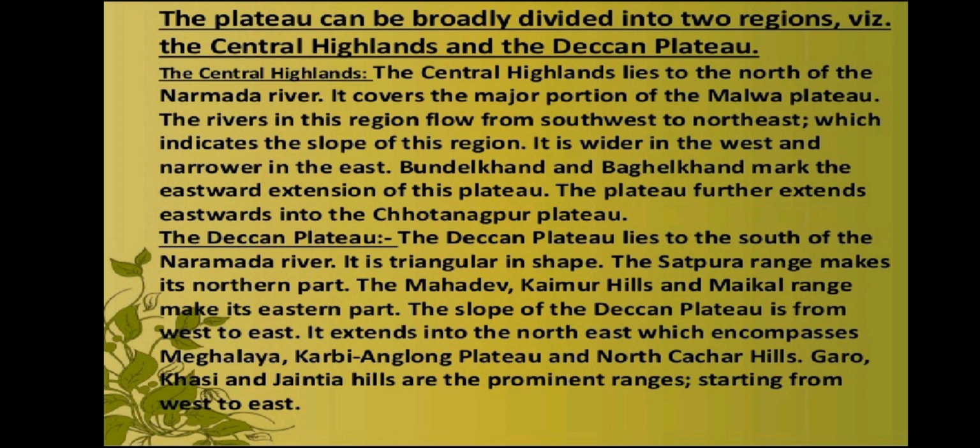The slope of Deccan Plateau is from west to east. It extends into the northeast, which encompasses Meghalaya, Karbi Anglong Plateau and North Cachar Hills. Garo, Khasi and Jaintia Hills are the prominent ranges starting from west to east.